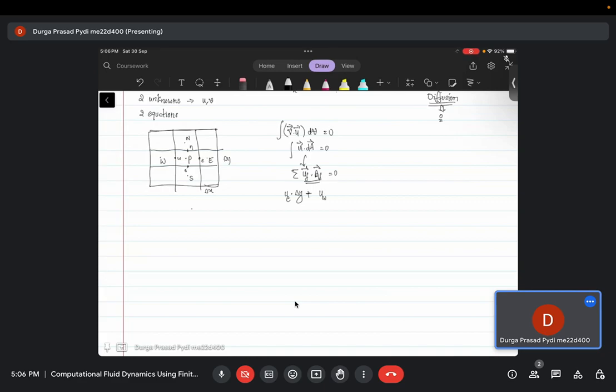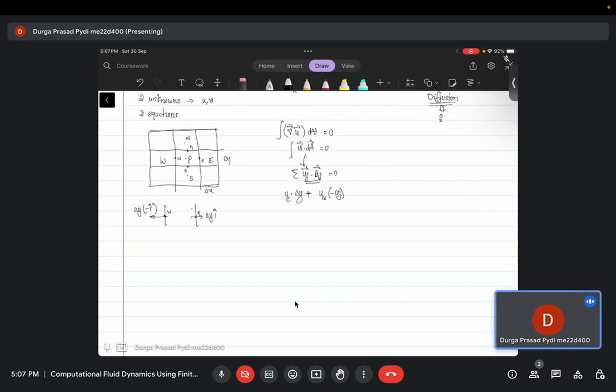For the east face, we have delta y i cap. Similarly, for the west face, the area vector will be pointing in this direction, that will be delta y times minus i cap, so u west times minus delta y, since we are assuming all these velocities are in the positive direction.